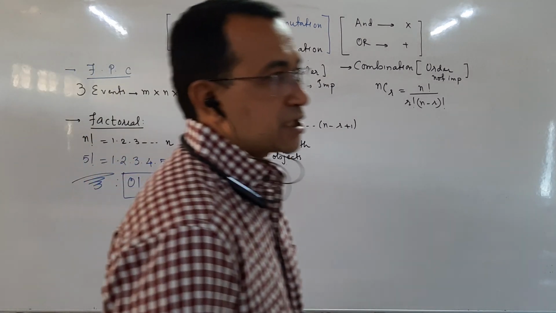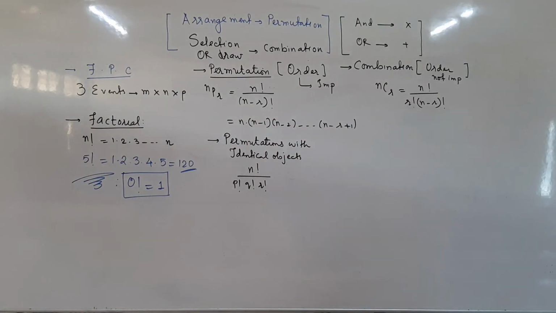Selections of r things out of given n things are called combinations of r things, denoted by nCr, and the formula is nCr is equal to n factorial upon r factorial into n minus r factorial.